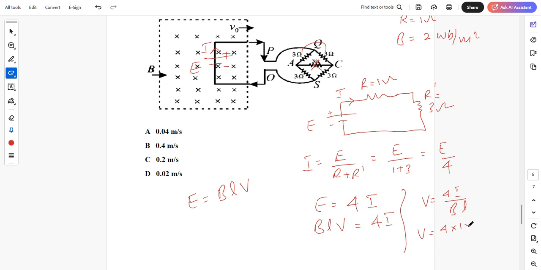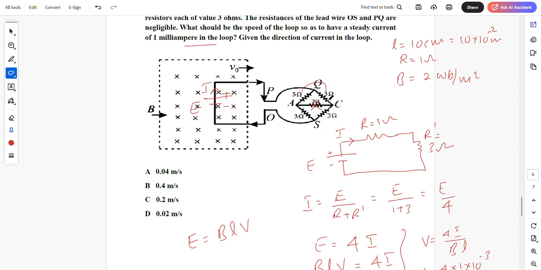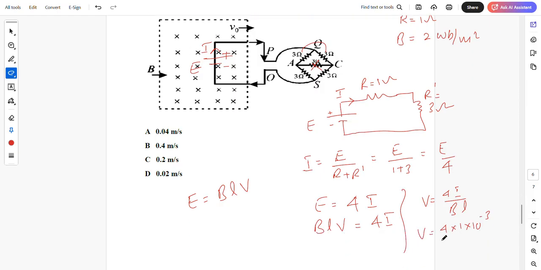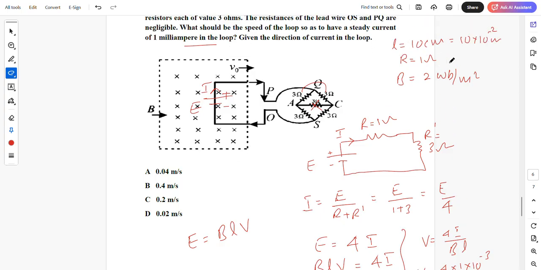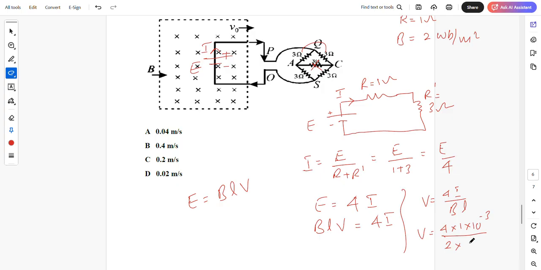1 milliampere, divided by B, how much they have given? 2. And the length they have given is 10 centimeter, that is 10 into 10 to the minus 2.